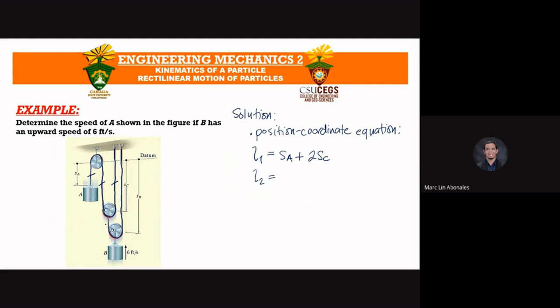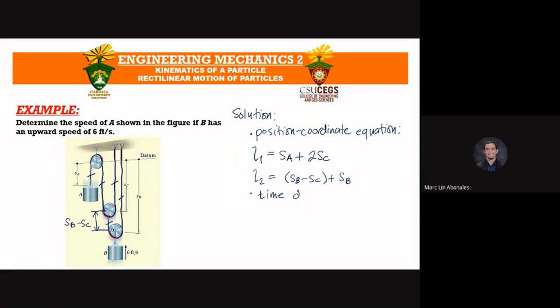So that would be this length, which is equal to SB minus SC, plus the other chord length, the longer chord length, which is represented with SB. Once we establish the position coordinate equations, we apply time derivatives.